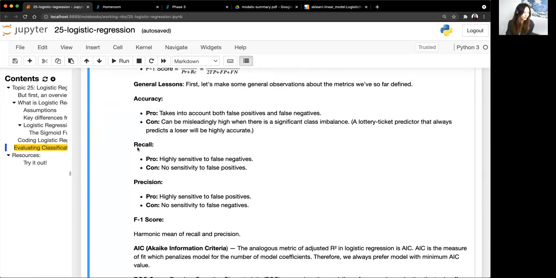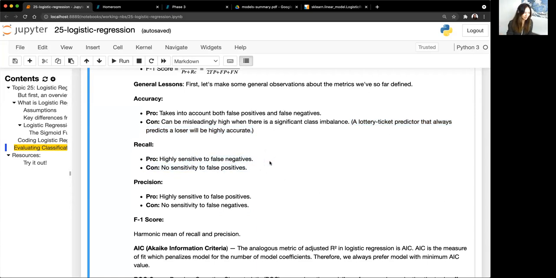Okay, so to think about recall, it is highly sensitive to false negatives, no sensitivity to false positives. If we think about that same lottery ticket prediction problem, your recall for whether people will win the lottery, if your model decides to predict all don't win, is going to be 0. Because out of all the people who actually won the lottery, none of them were predicted by the model.